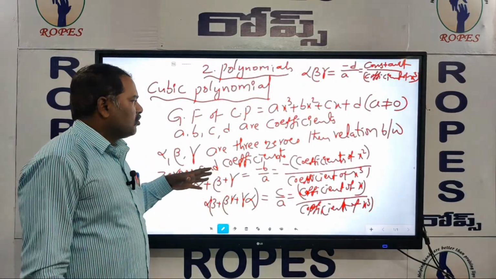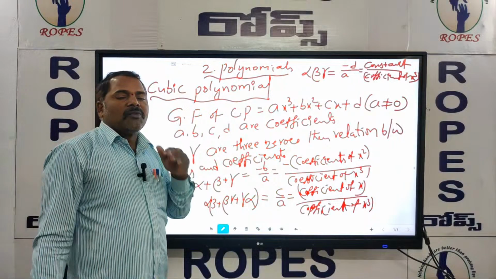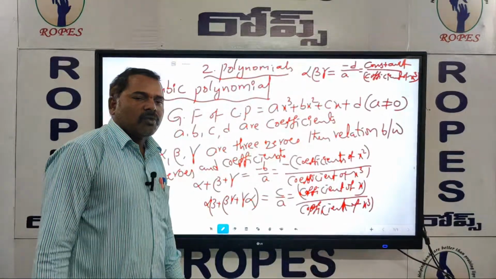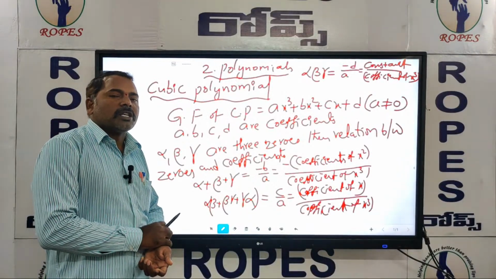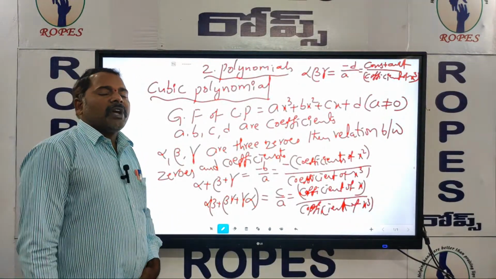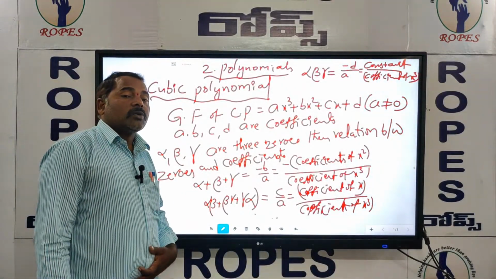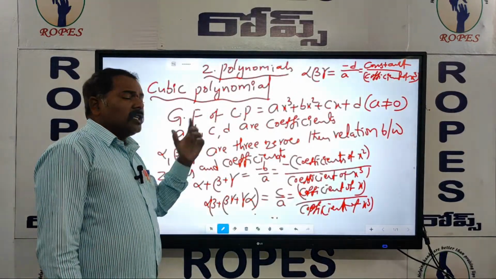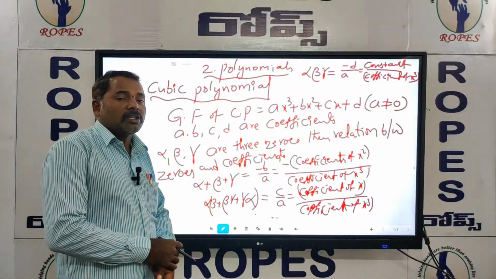We also learned the general form of quadratic polynomial, the relation between the zeros and coefficients of the quadratic polynomial, and how to write the quadratic polynomial by using its two zeros, alpha and beta.